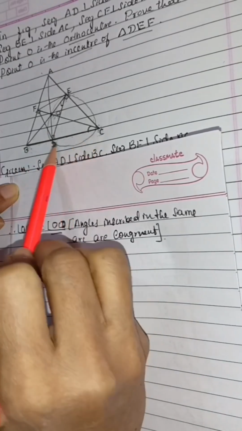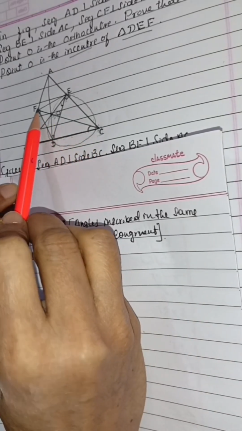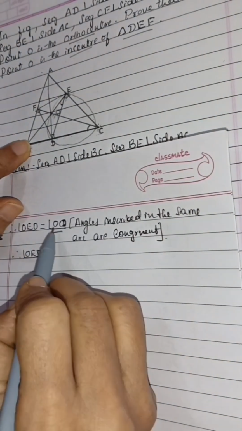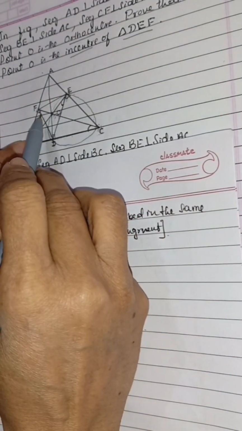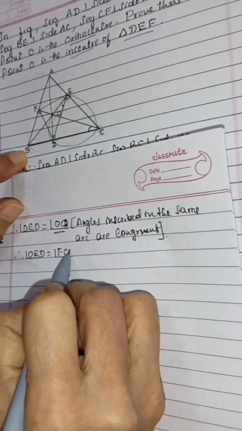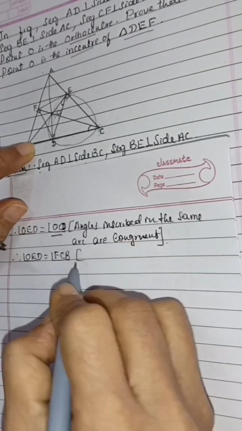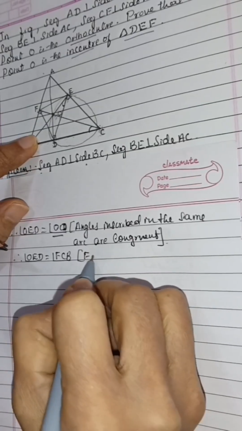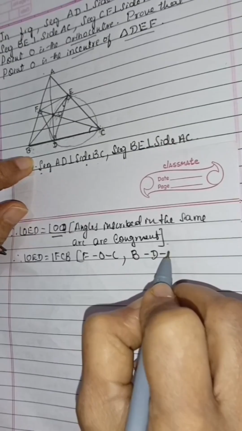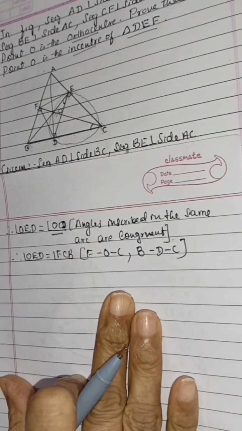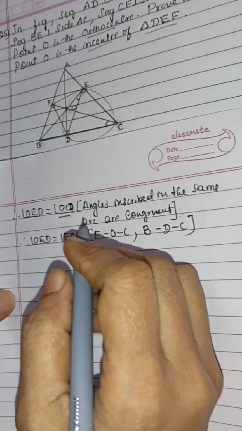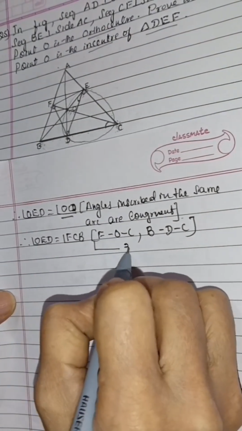Similarly, BDC are also collinear points, so we can write FCB. Therefore, OED equals FCB. We write the reason also: FOC and BDC are collinear points. Let this be equation number 3.